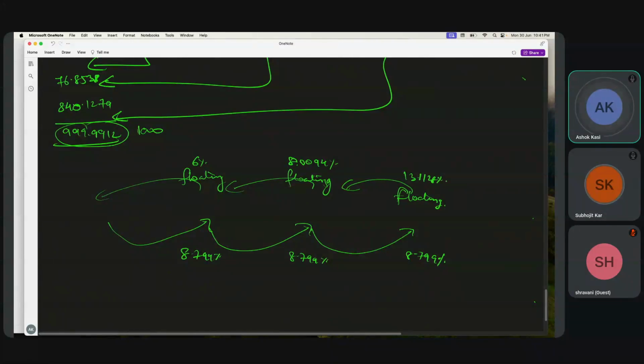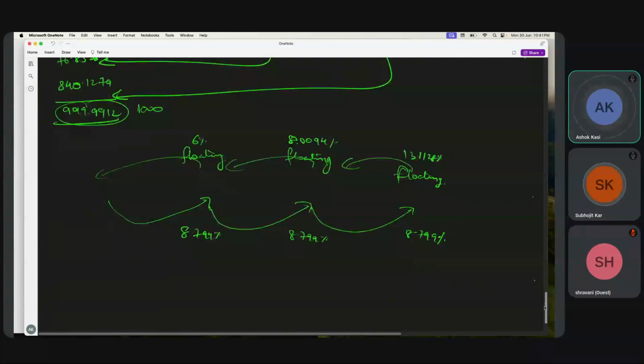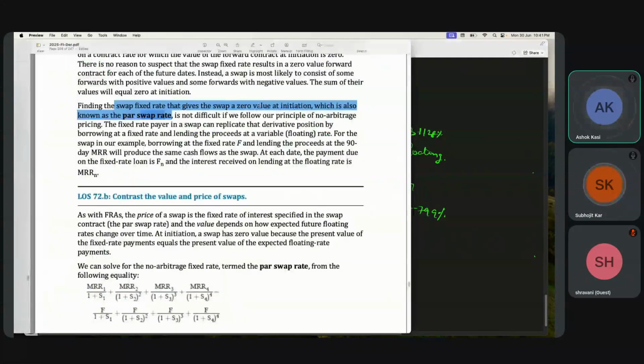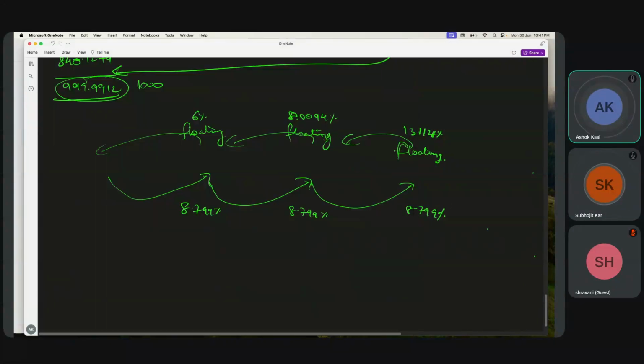No, if you calculate, let's prove that also. If you calculate, it will all come to the same amount. So that's why at initiation it is no profit, no loss, zero value. Let's calculate that also. Let's compare it with a bond. Swap means what?